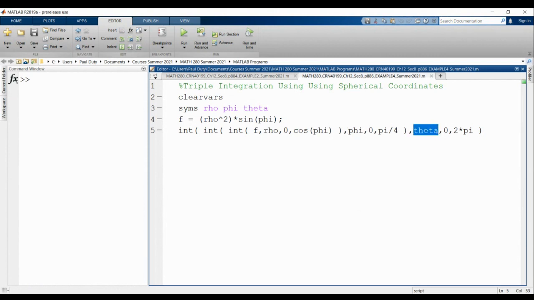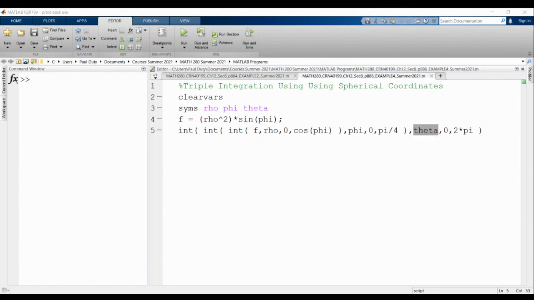And theta goes from 0 to 2 pi. See how that works? So it's no different than the example we did with rectangular coordinates, the triple integral with rectangular coordinates. It's just we're using spherical coordinates here.